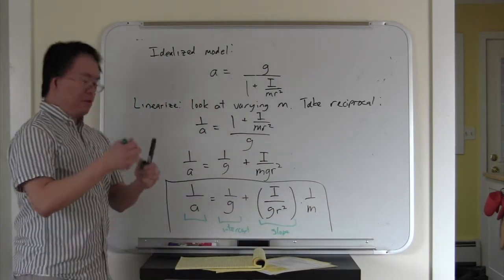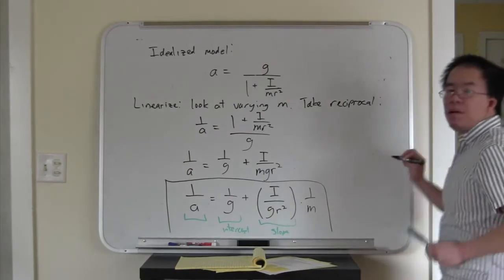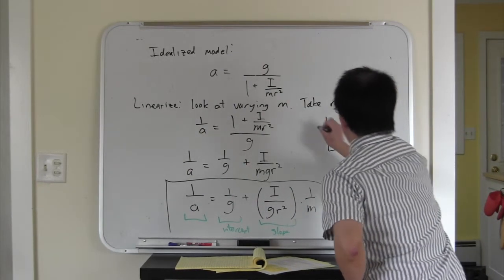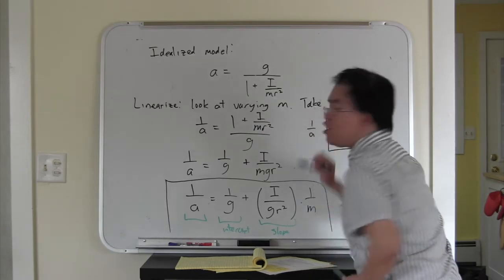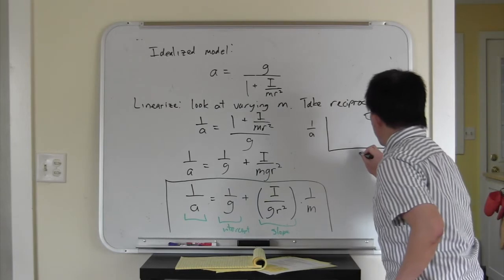So what we want to do then is to plot in the following way. We want to plot 1 over my acceleration as a function of 1 over the mass.